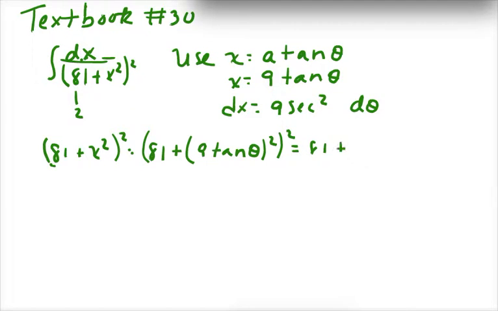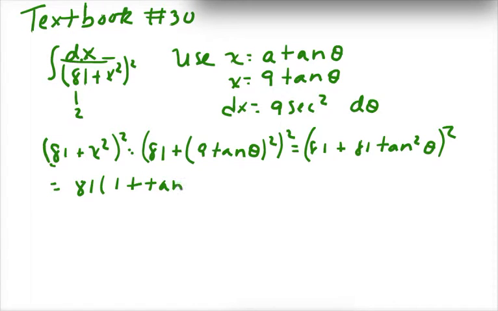And that's 81 plus 81 tangent squared theta, squared. And continue to work on that. Factor out an 81. We get 1 plus tangent squared theta. And that entire thing is squared again.